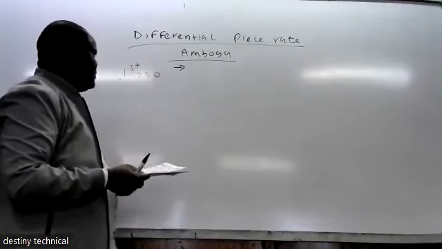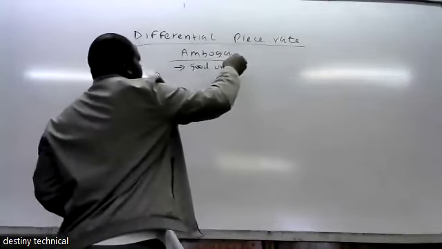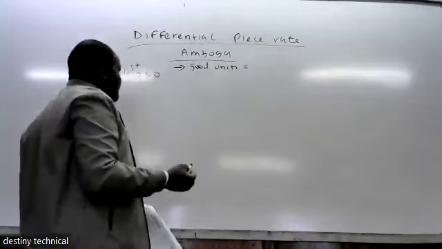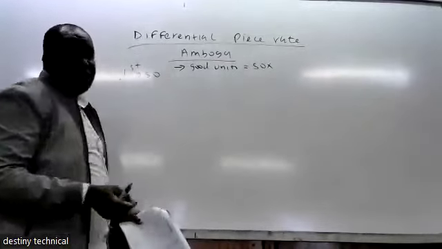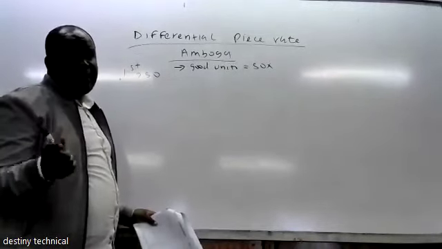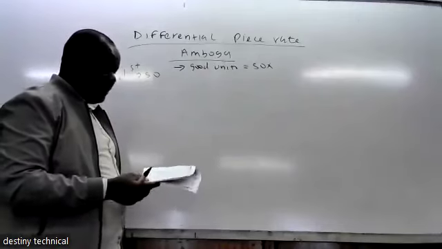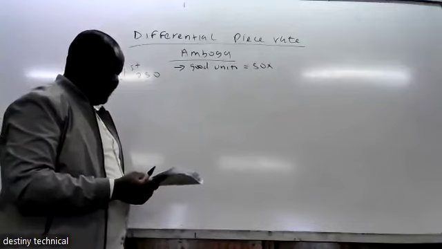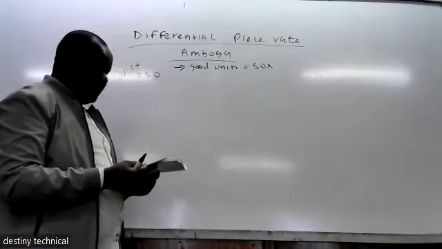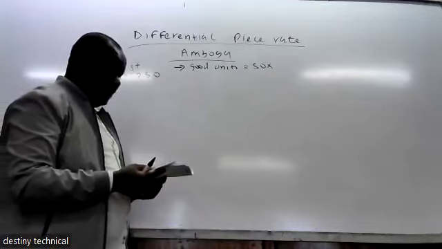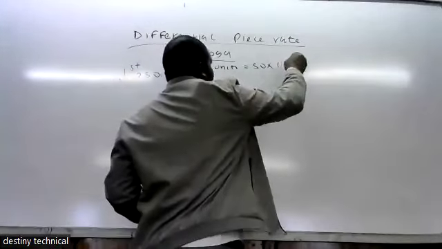So good units will be 50, because the spoiled ones are subtracted from the first. That's what the question had stated. The spoiled are deducted from the first production and paid at a rate of 10. So the good ones will now be 50. The good ones will pay 15.